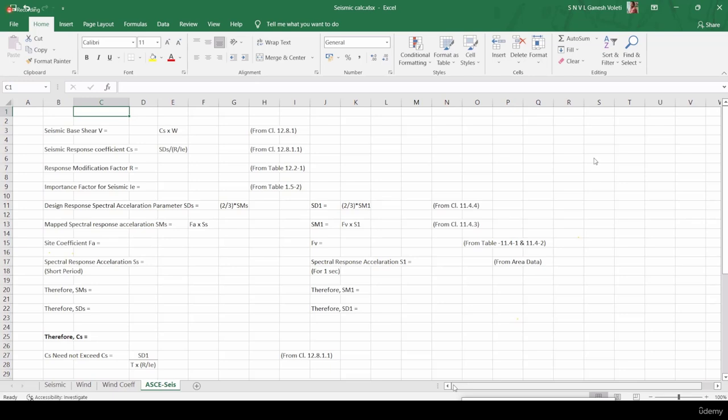For example, in ASCE 7-16, there are some load combination changes in the seismic parameters. Like that, there are minor changes only. The major change in ASCE occurred between 7-05 and 7-10.